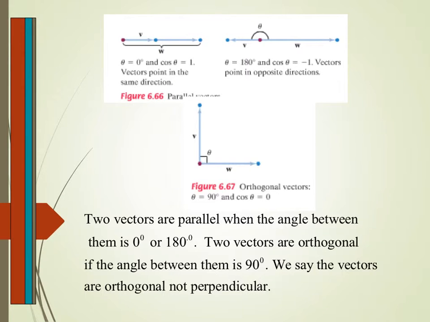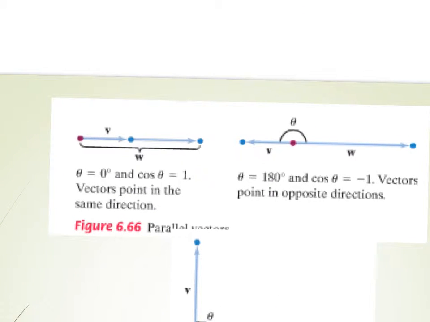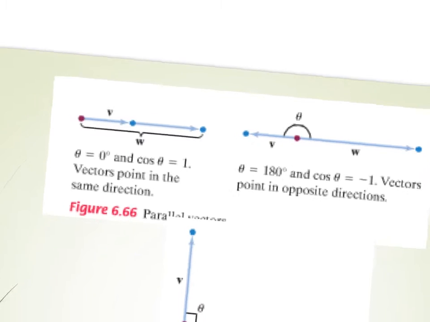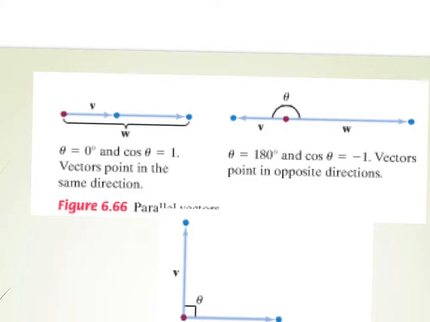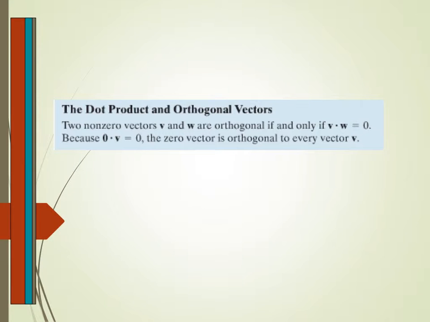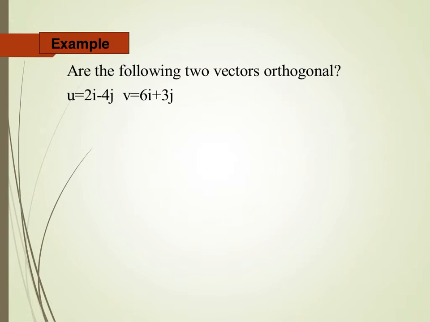Okay, so here's a diagram that shows what two parallel vectors would look like, with an angle between them being 0 degrees on the left or 180 degrees on the right. So this just recaps: the angle between two orthogonal vectors is 90 degrees, however their dot product is 0.